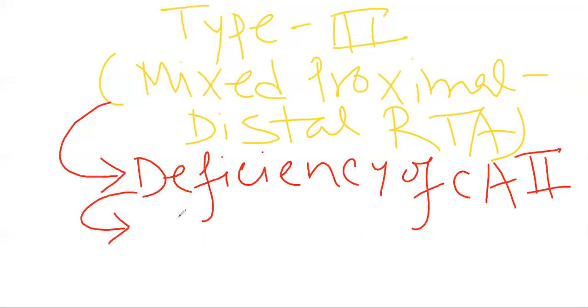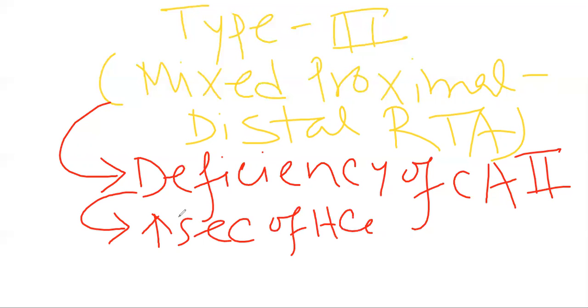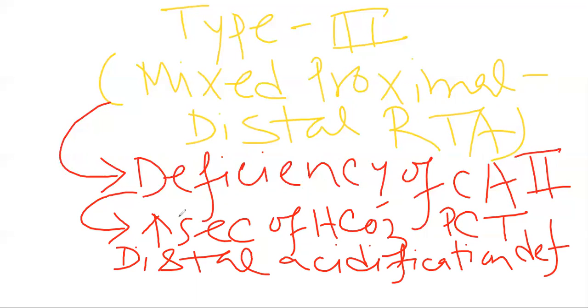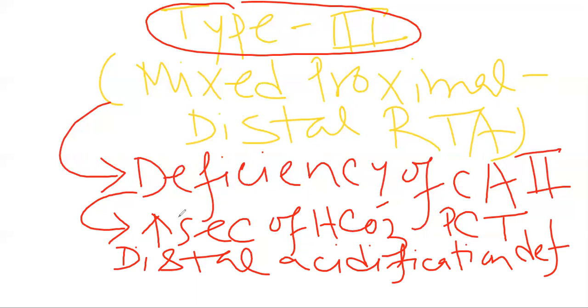So that will lead to increased loss of the bicarbonate ion at the proximal convoluted tubule area, as well as a defect in distal acidification in the alpha intercalated cell. So we can see a distal acidification defect, but the thing is that it is the rarest disorder out of all type 1, type 2, type 3 and type 4.